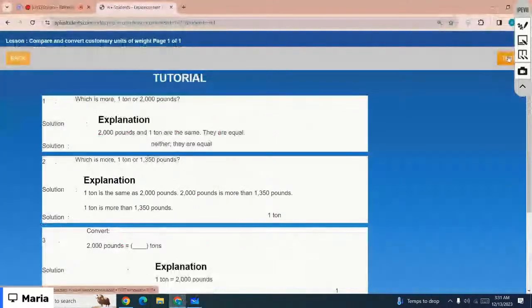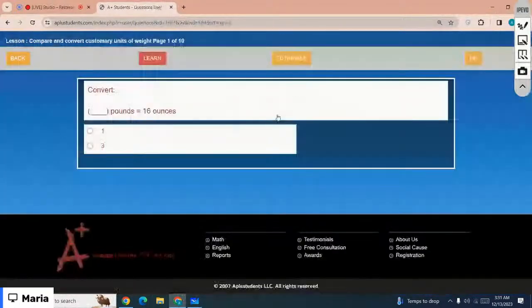Okay, let's just start with the test questions. You have to convert from pounds to ounces, right? So 1 pound equals 16 ounces.